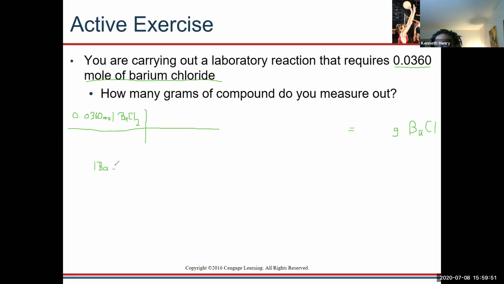I have 1 barium, and it's 137.33. And then chloride, I have 2 chlorides, so you're going to multiply that times its mass. It's going to be 35.45.